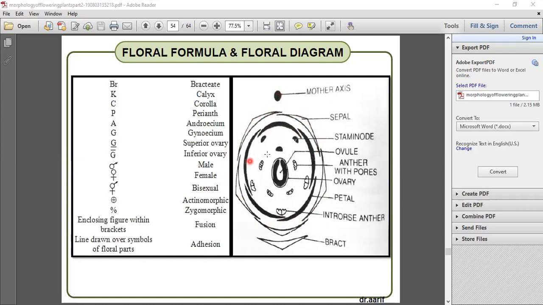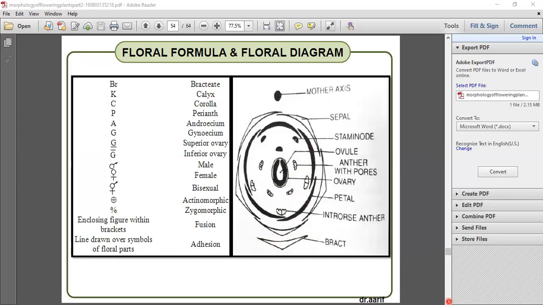From the structure of sepals and petals, you can easily understand whether it is valvate, twisted, imbricate, or what. From this diagram, you can understand how many ovules are there, how many anthers are there. If bract is there, it is represented like this. So this is the formula and this is the diagram.